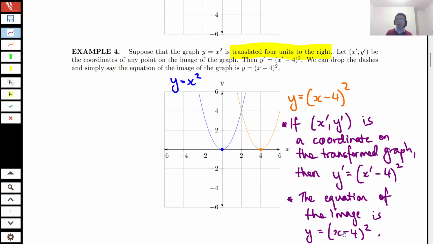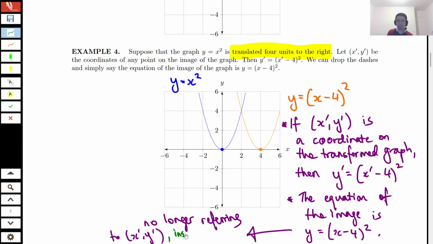And the reason why we are allowed to drop the dashes is because in this statement here, we are no longer referring to x dash y dash. We are instead referring to the xy plane, which didn't change.